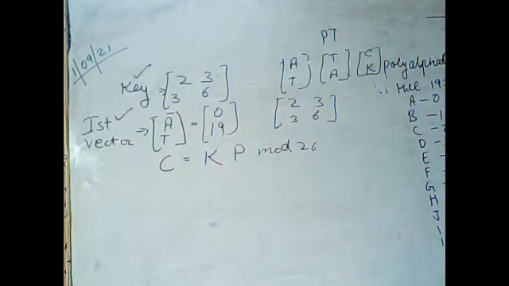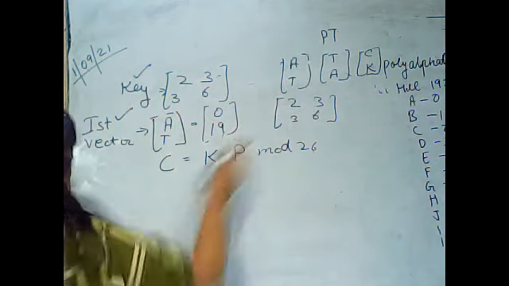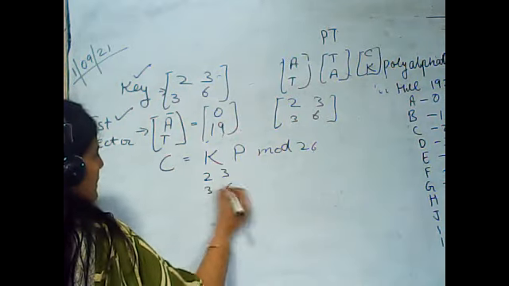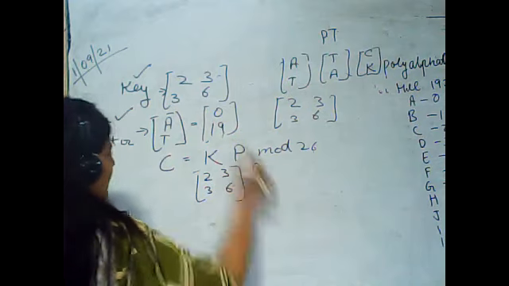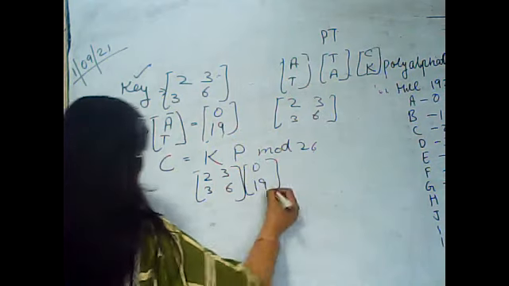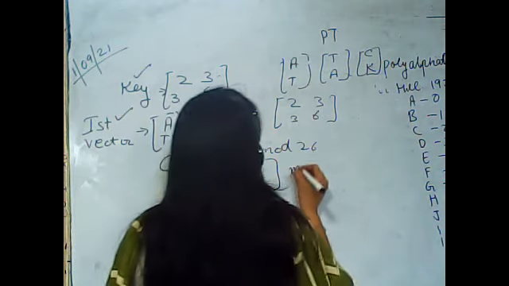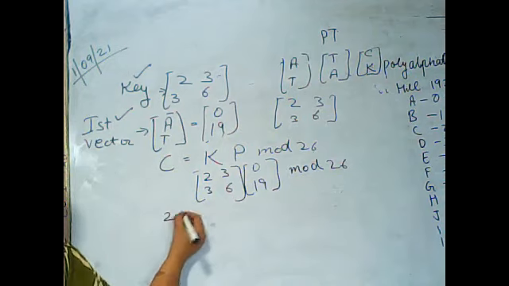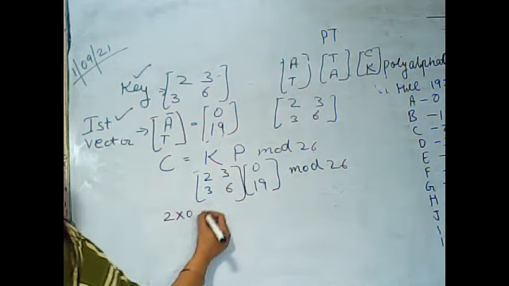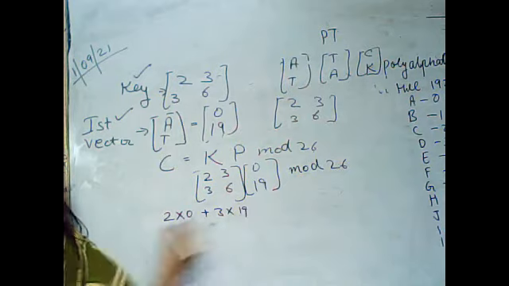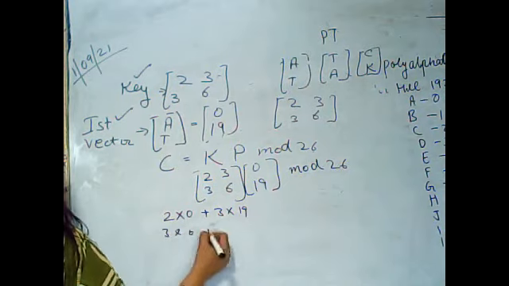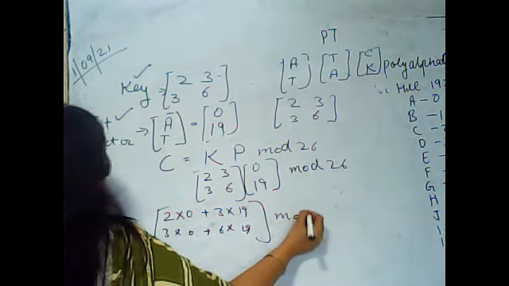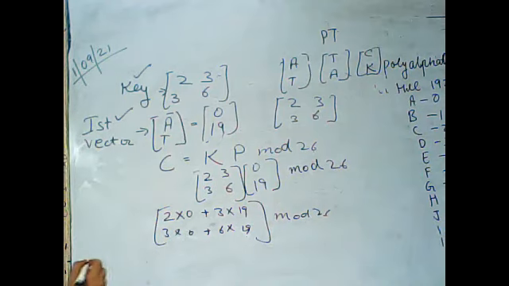So what will we do here? We will multiply both. This is your key, 2, 3, 3, 6, and P is 0, 19, mod 26. So matrix multiplication will be there: 2 into 0 plus 3 into 19, 3 into 0 plus 6 into 19.